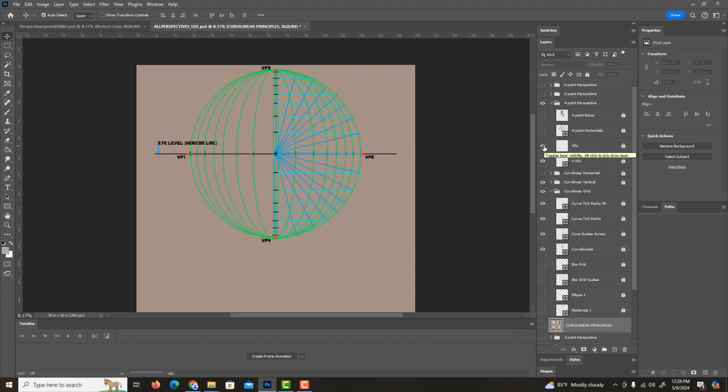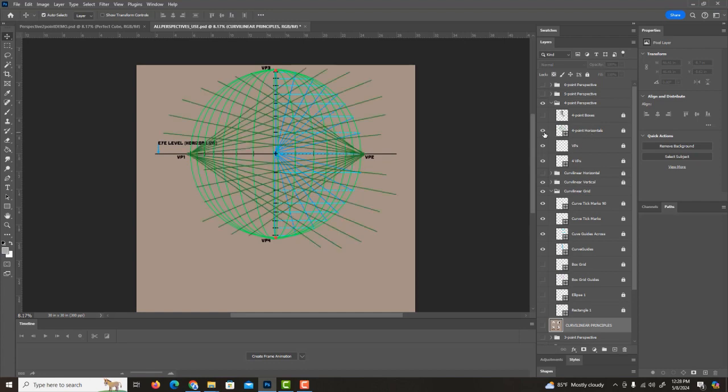And 4-point perspective is drawn like 2-point perspective, but one of the axes has curved lines. So your setup is like a 2-point perspective. Usually it's the horizontal lines that are straight and the vertical lines that are curved. And that's your grid guide to determine how you're going to draw your shapes.